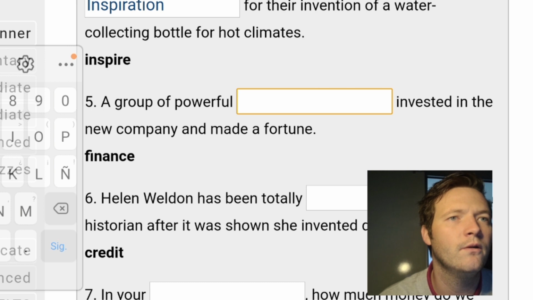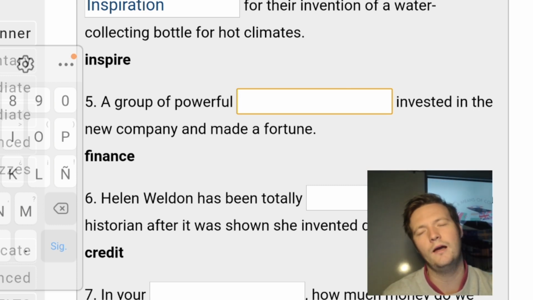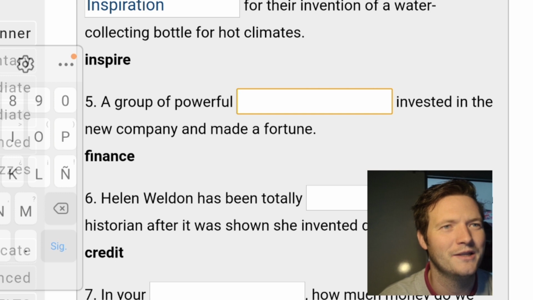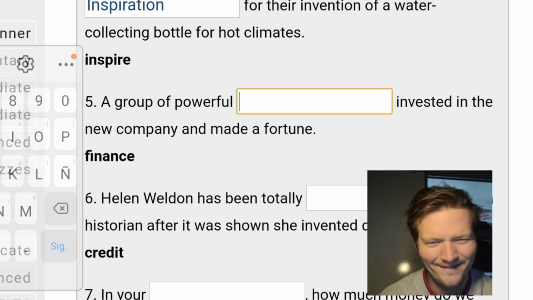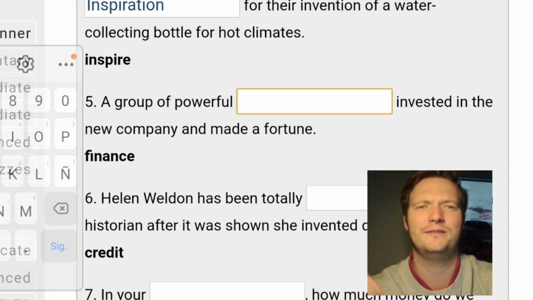A group of powerful financiers invested in the new company and made a fortune. Okay, so this is a noun, isn't it? They're a group of people who invest in companies. I'm not sure I'm going to get this right. Finances? Oh, God, I don't know.